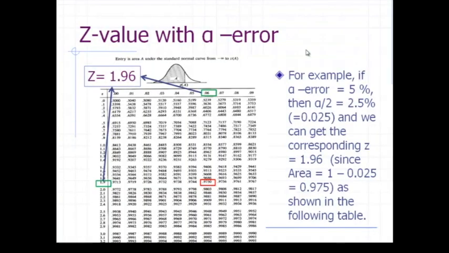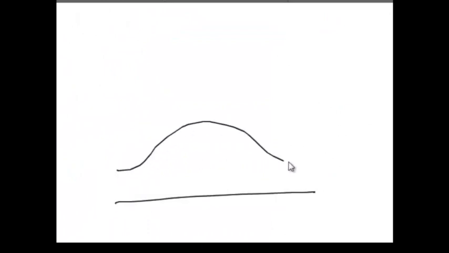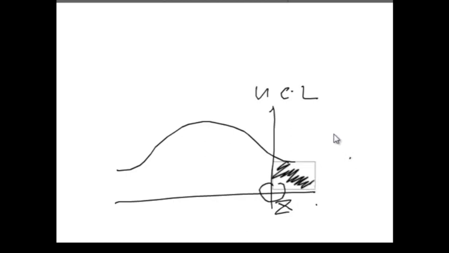Okay, so in general, let's see how to find this z-value using the standard normal distribution table. For example, in this case, we want to find the z-value when alpha error equals 5%. If there is a distribution, we can set up the upper control limit here, and the point we are looking for is here, called the z-value. To find this z-value, we have to decide the area. The area on the right side here should be alpha?